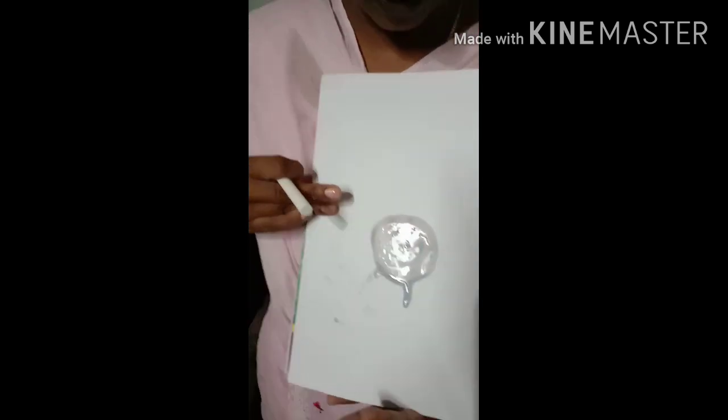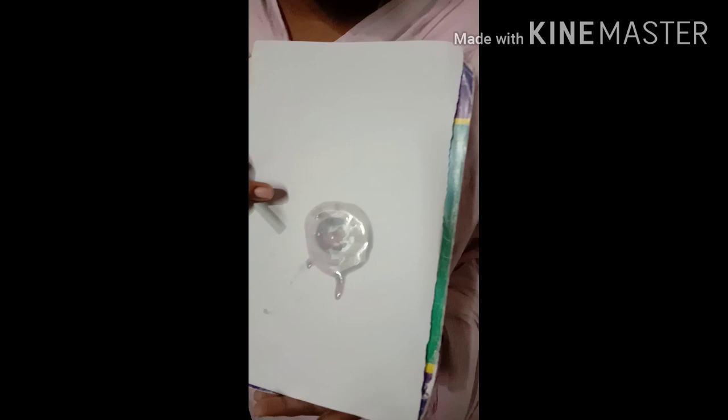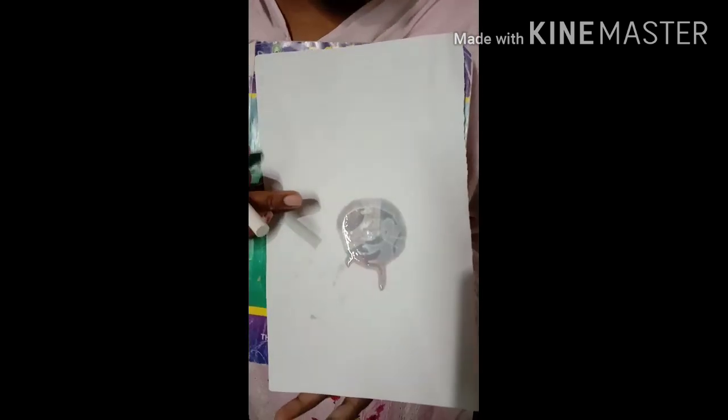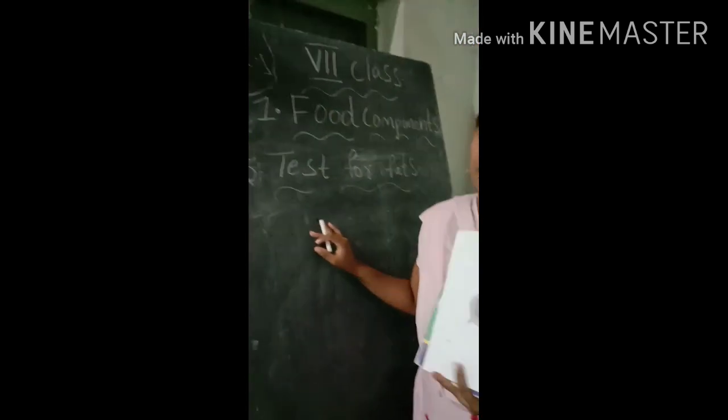That means we can see the objects under the paper clearly, but only where the oil is dropped. That means if the paper changes to translucent, it indicates the presence of fats in the given sample.